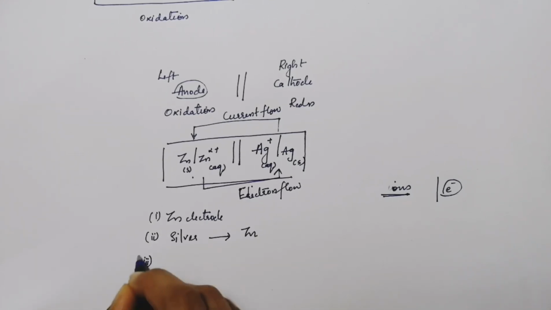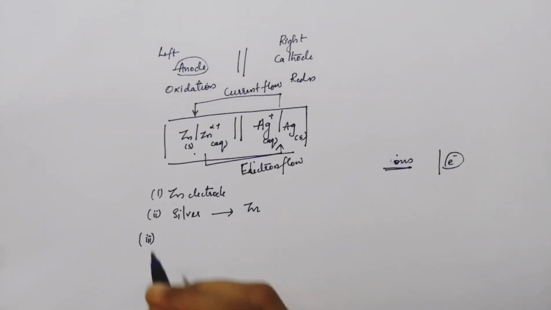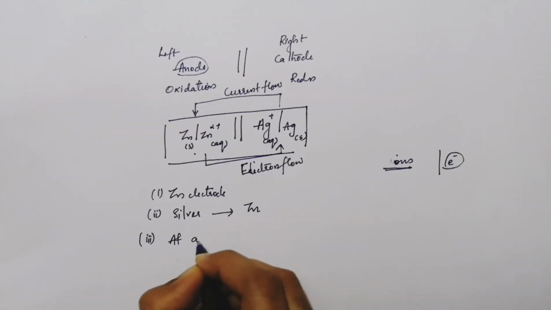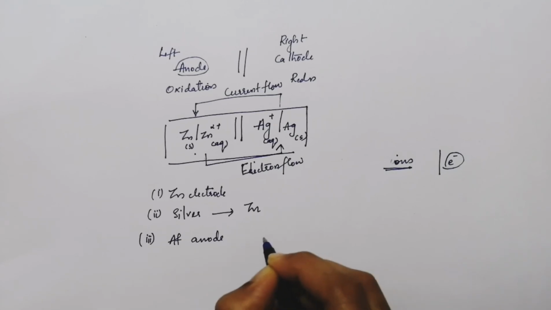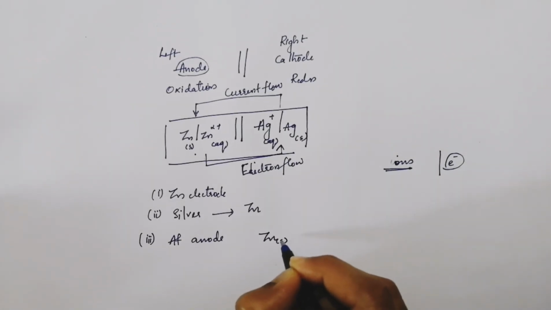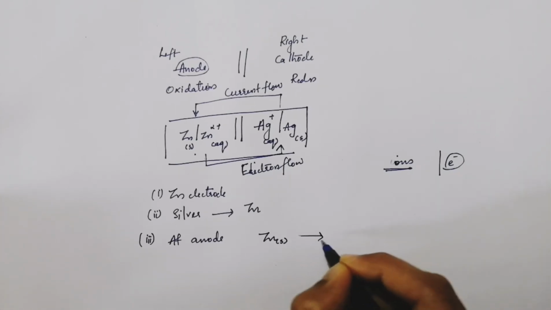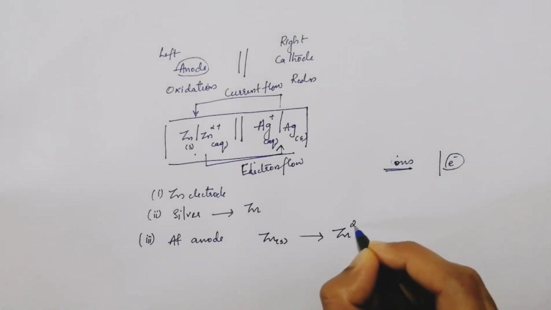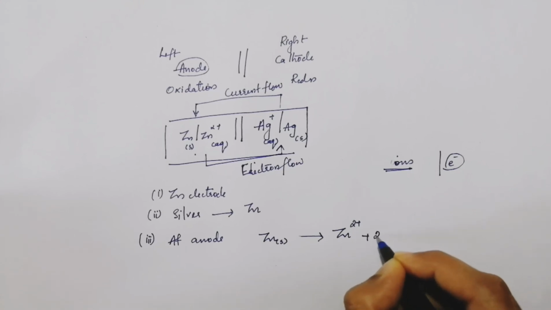Now let us see what is the third question. It is to write down the individual reaction that is happening at each of these electrodes. So we know that at the anode oxidation reaction is taking place. So we can write that as zinc metal in its solid state giving us zinc ions plus 2 electrons.